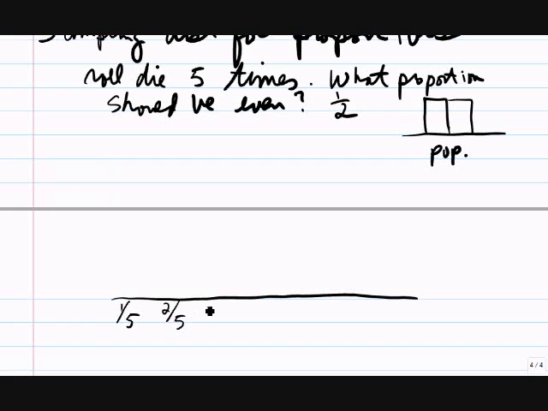So you either get 0, 1, 2, 3, 4, or 5 even numbers. You are going to roll the die 5 times and tell me out of those 5 how many you get as an even number. Oh, I wrote a 4. Thank you. All right.